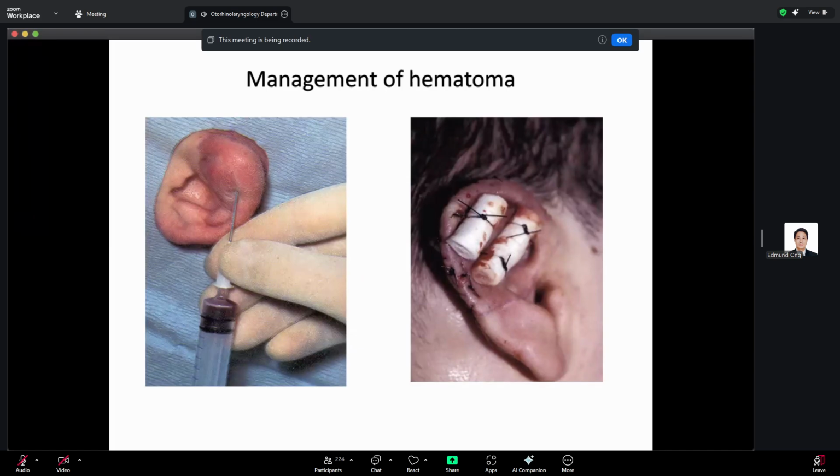The only problem with evacuation is that if you don't put pressure over the pinna after evacuating the hematoma or the seroma, it can accumulate in a few minutes. So you need to put a bolster.